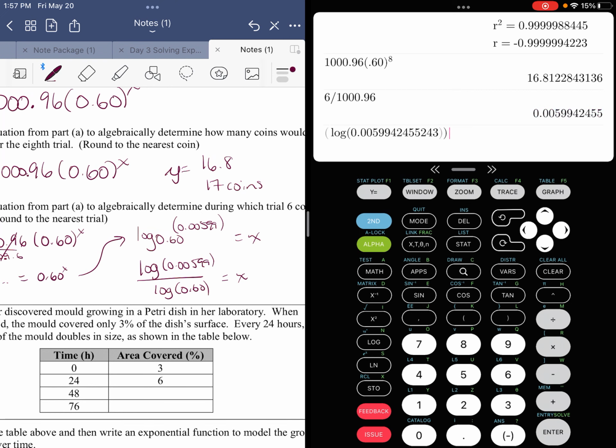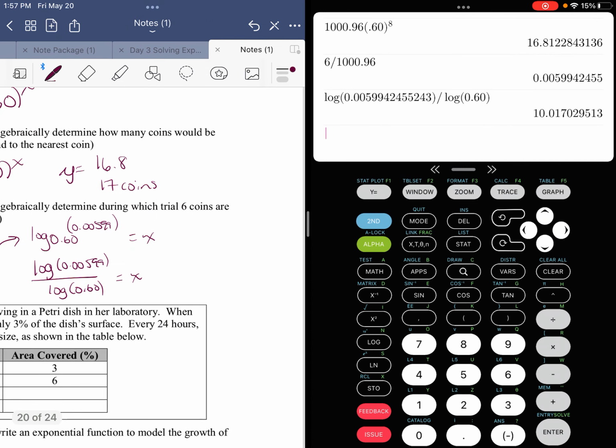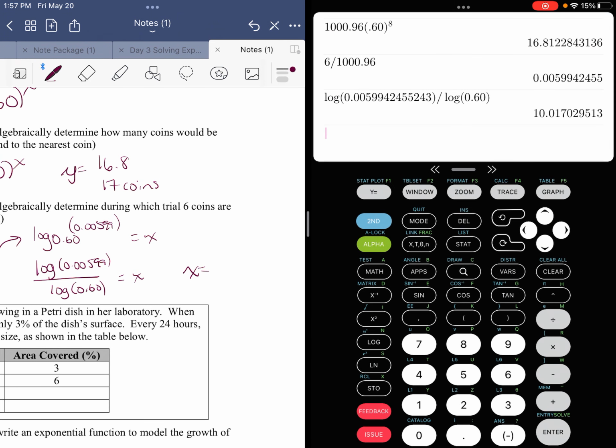Okay, and we close our brackets. Divided by log of 0.60. So we're going to use our rounded values here to actually do this, and we get 10.01, 10.02, so after 10 trials.